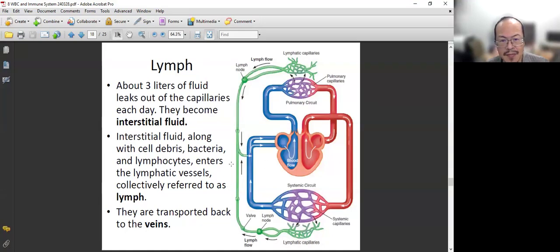So that's what we call lymph, and this is basically how we form this lymph, and how we use it to construct our immune system.